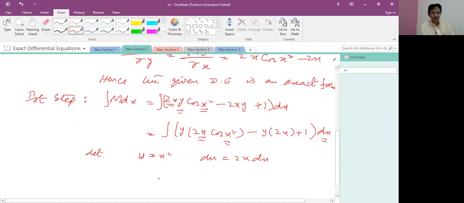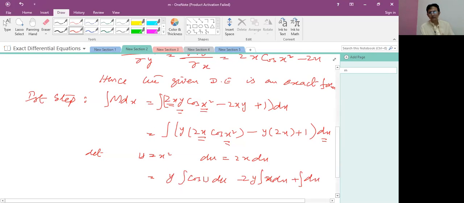In that way, we write again y cos u du minus y times 2x dx plus 1 dx, and find the integral.